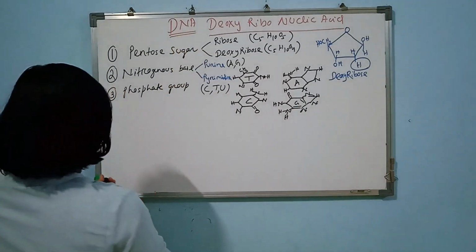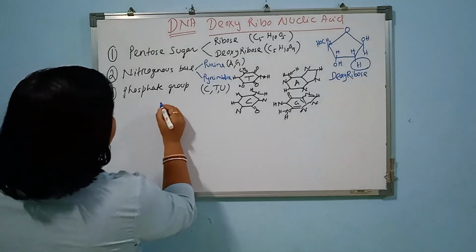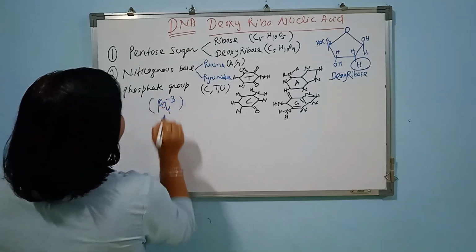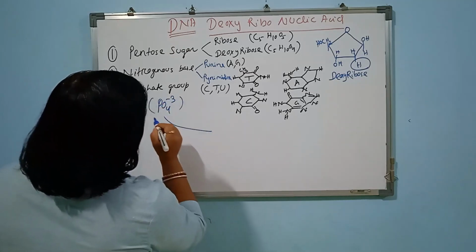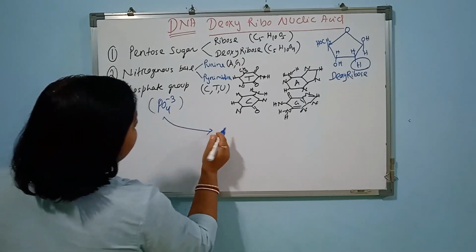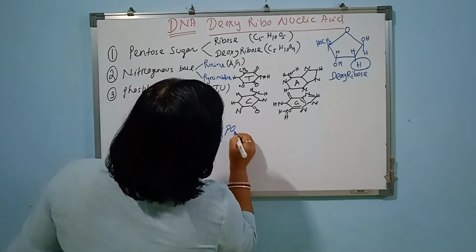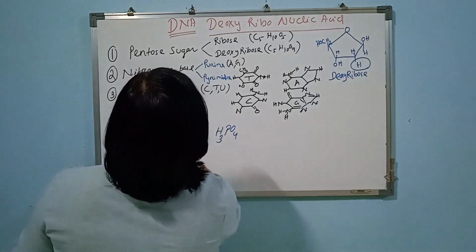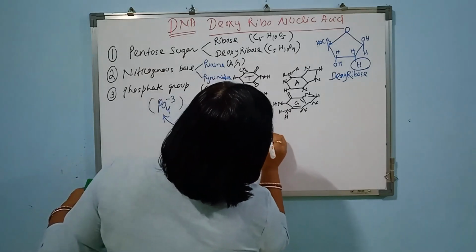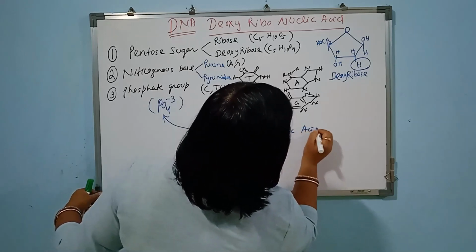Then this phosphate group, which is PO4 3-, is formed from H3PO4, or you can say phosphoric acid.